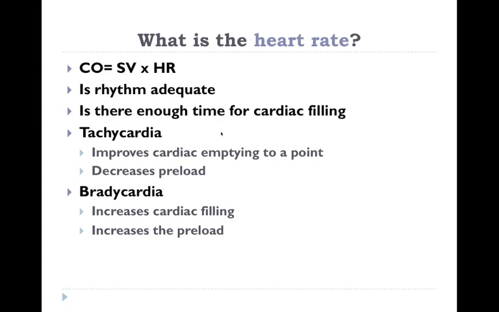Under normal conditions, tachycardia tends to improve cardiac emptying to a point, but once you reach a heart rate of around 130 to 140, the heart begins to be unable to empty properly, and as a consequence starts causing problems. But under normal conditions, tachycardia helps decrease preload under most conditions.